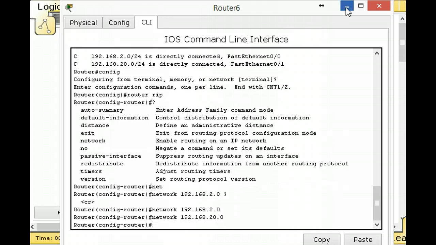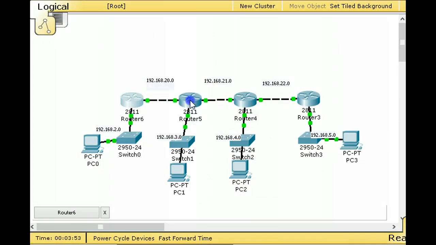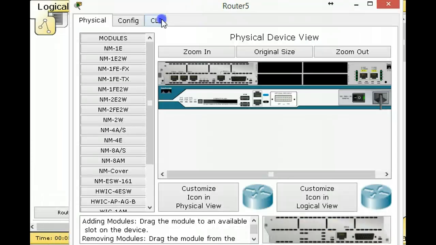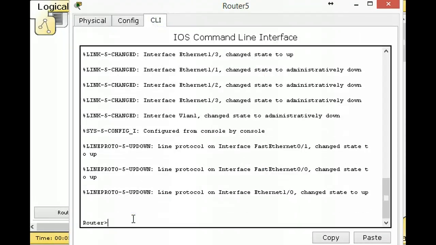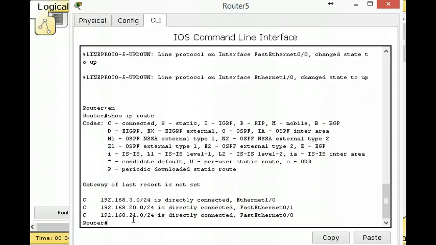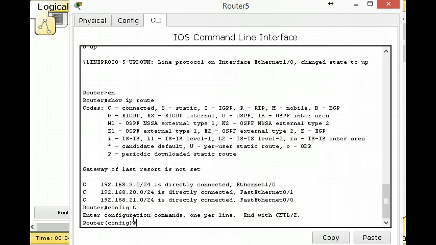So we had the 2 network and the 20 network that we're going to advertise on this router. We'll go to the next router and do the same thing with it. Show IP route to find out what we're going to advertise, and then we'll go to config T, network 192.168.3.0.